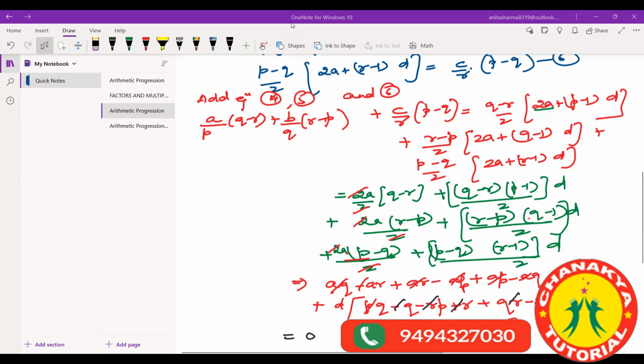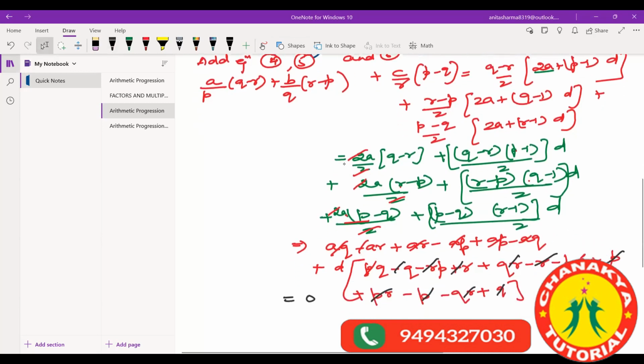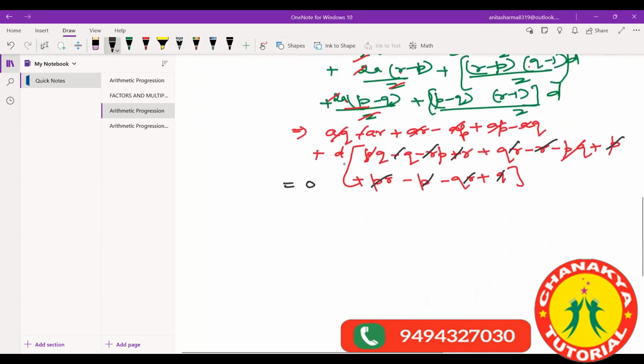Pranya, see here, beta. I have written, I'm explaining one fraction. See, Q minus R by 2 and 2A, right?